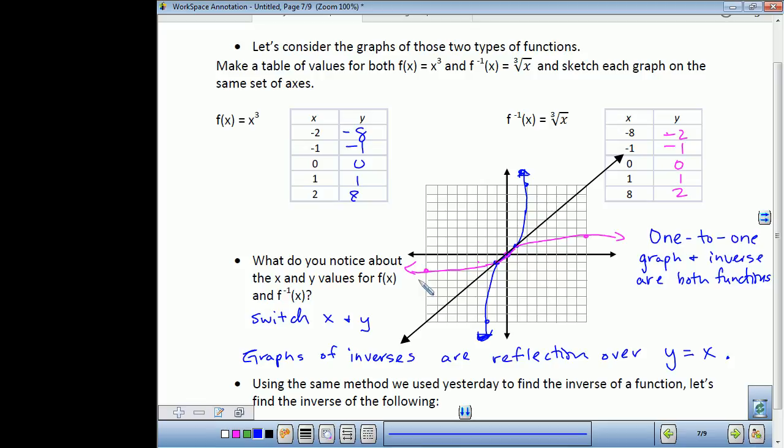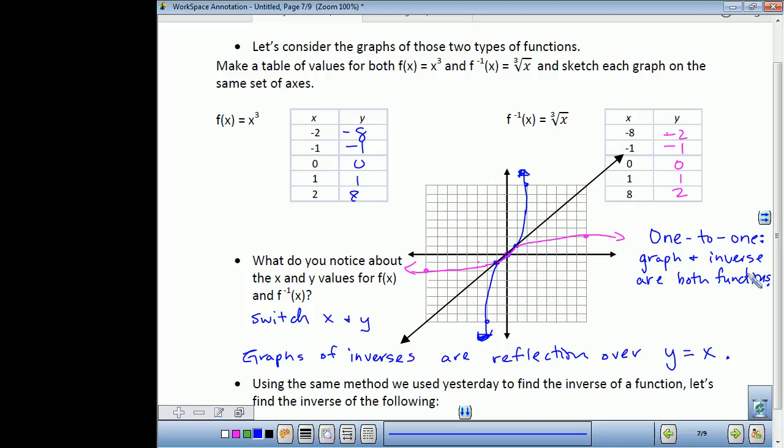And one way that we could have decided that before graphing the second function was to do both a vertical and horizontal line test. If it passes both, then that function is considered one-to-one, which means the graph and its inverse are both functions.